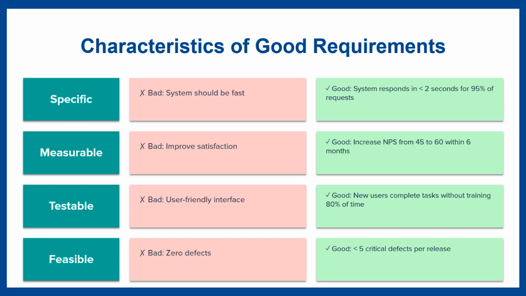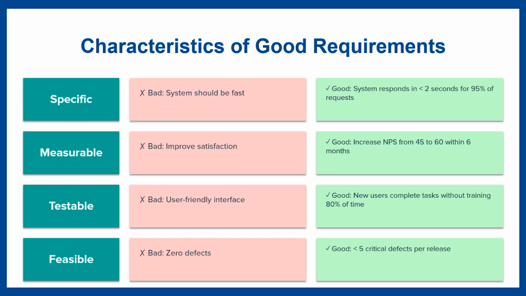Measurable. Can you quantify the requirement? A requirement should include a criteria you can measure so you know when it has been met. Like for instance, make the system faster. You cannot measure faster, so that is a bad requirement.